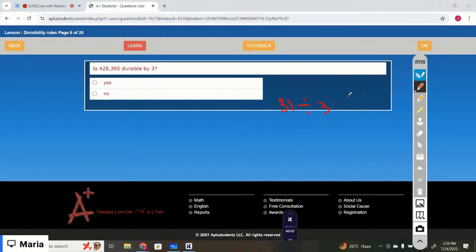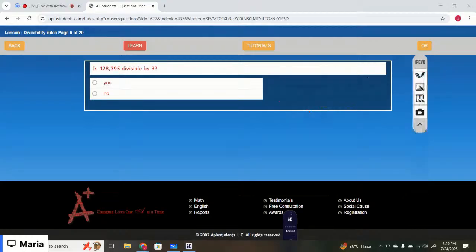So that means no, the number is not divisible by 3. The correct option is no.